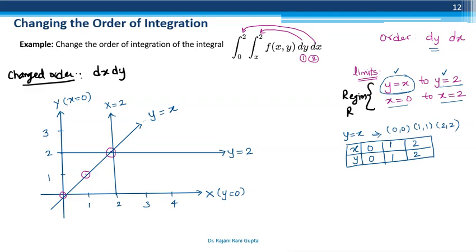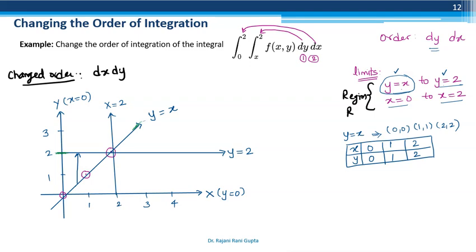So first you are integrating with respect to y, which means your movement is from down to up. y equal to x is this line and y equal to 2 is this line. Okay, so this is your region.